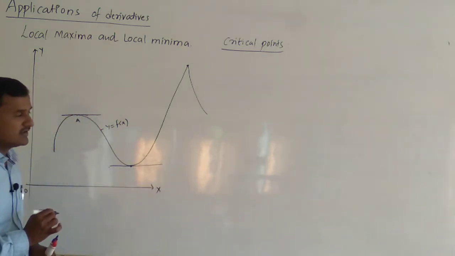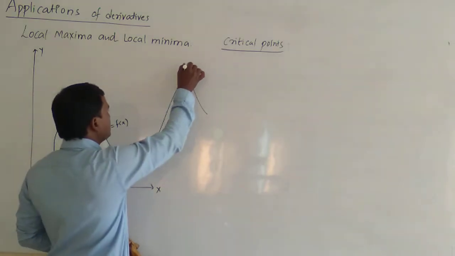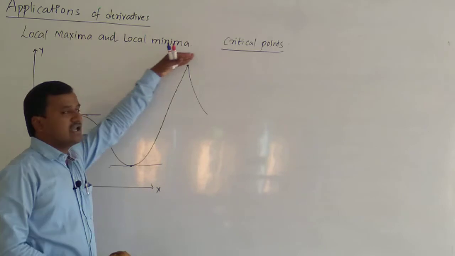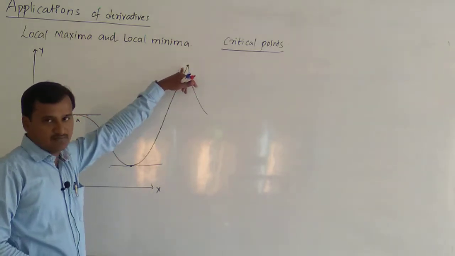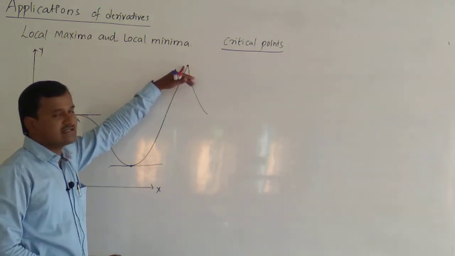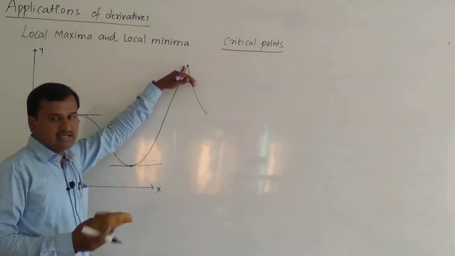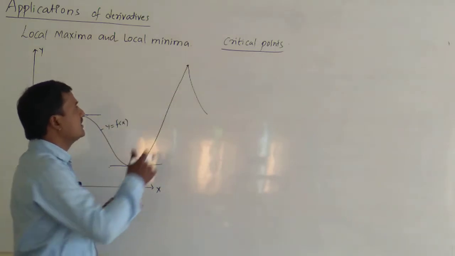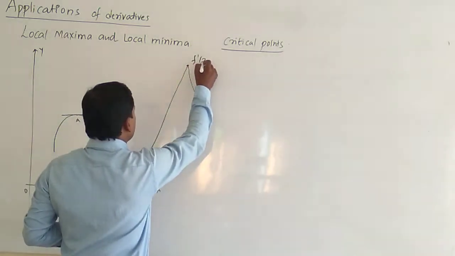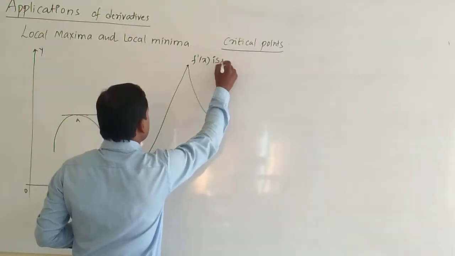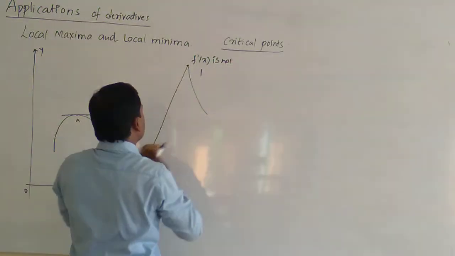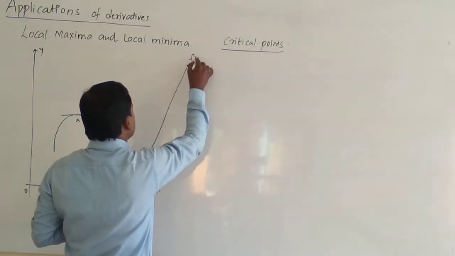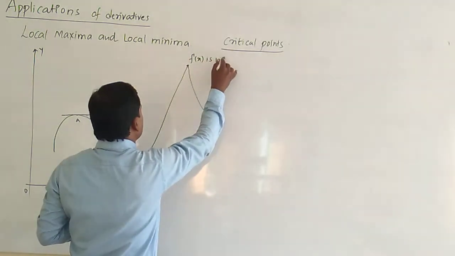In this case, it is not possible to draw a tangent because the curve has an edge. For an edge it is not possible to draw a tangent. So here f dash of x is not possible, or f dash of x does not exist. So here I will write f dash of x does not exist.